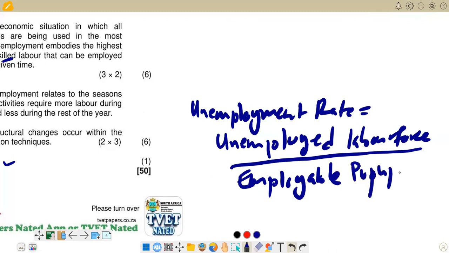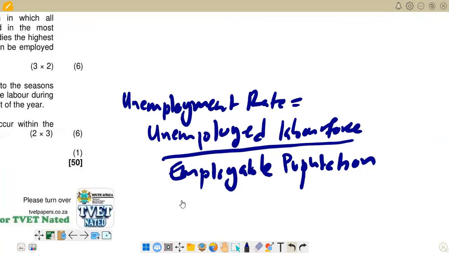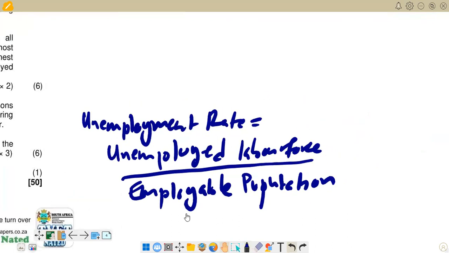You can just put employable population there. Employable population, we are saying, those that are willing and able to work. Remember, we said if someone does not have the ability to work, we cannot include that person in the calculation of unemployment. That is what we have there in terms of calculation. Then obviously this is presented as a percentage, so we are going to say times 100 over 1. Basically this is the general formula that is employed when we are calculating the unemployment rate.